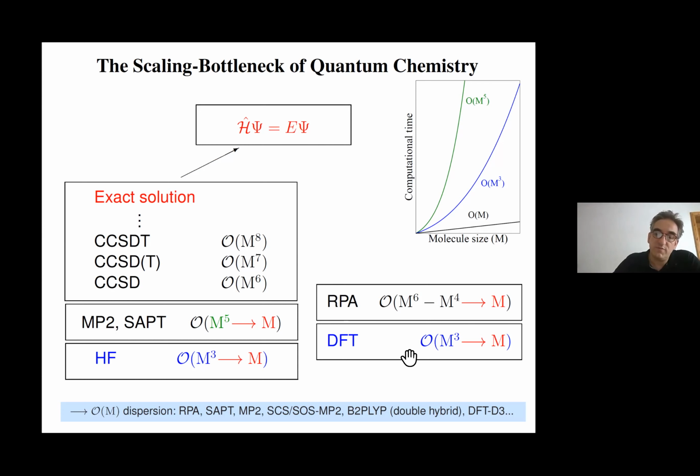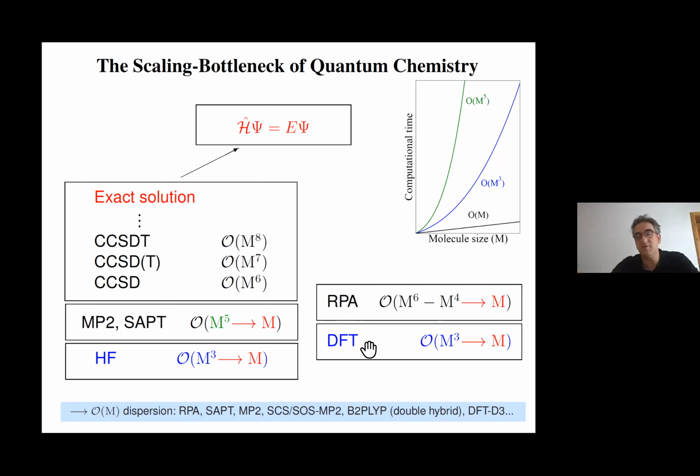A completely different approach is density functional theory, which, in the way we solve it, in the Kohn-Sham formalism which we normally use, scales cubically with molecular size, but there is no defined way to the exact solution. It's much more difficult to write this down.